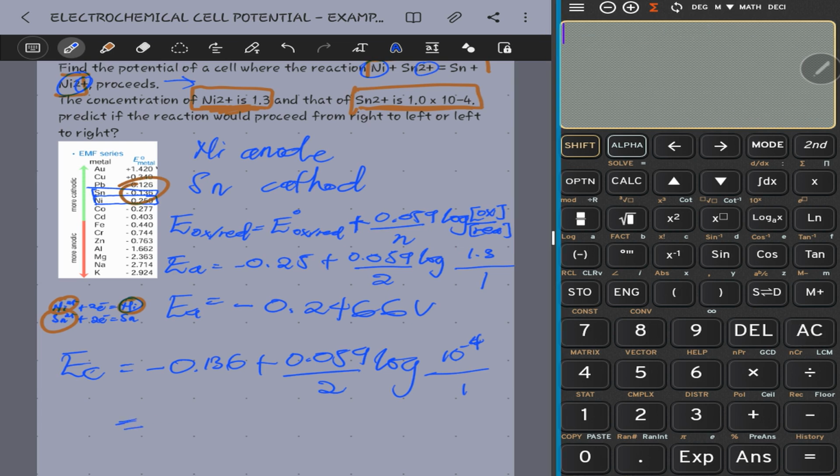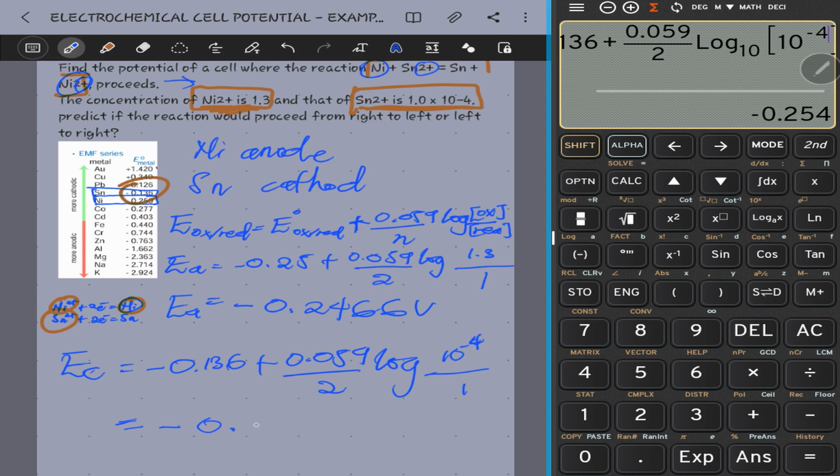So we end up getting minus 0.136 plus 0.059 over 2 log 10 to the power minus 4, and that gives us minus 0.254 volts, and that's for the cathodic half.